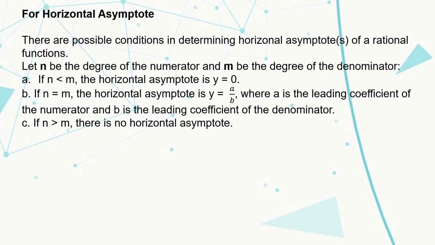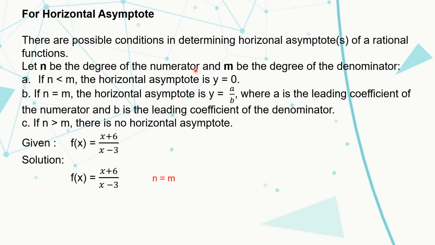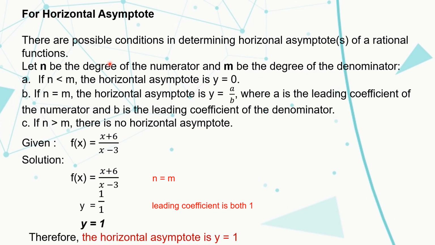So, for the horizontal asymptote, there are possible conditions in determining the horizontal asymptote of rational functions. Let n be the degree of the numerator and m be the degree of the denominator. Ibig sabihin ng degree ay yung ating highest exponent.